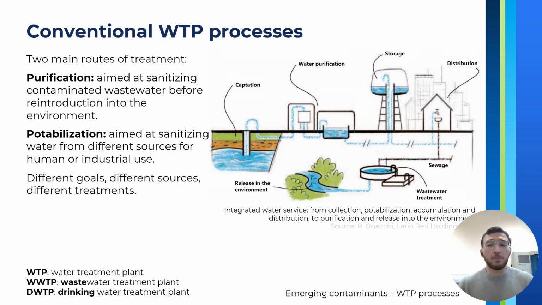These processes are part of what's called the integrated water service, pictured in the image on the right. These processes have different aims, treat water with different initial characteristics, and thus differ from each other in some regards when it comes to treatment processes.